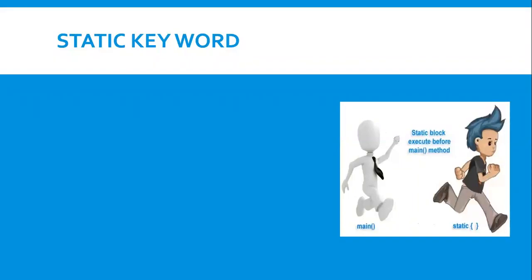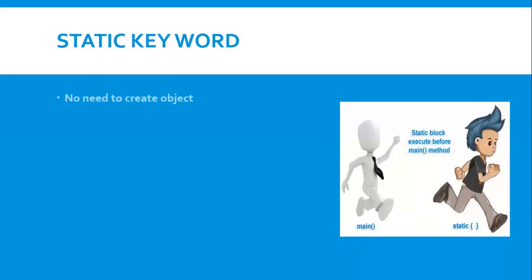The advantage of static blocks is that they are readily available in memory before the availability of main. A static block executes before the main method. That is why the main method is declared along with the static keyword: public static void main.